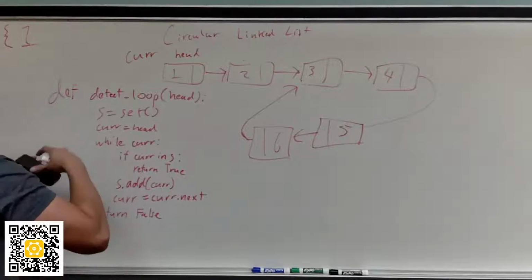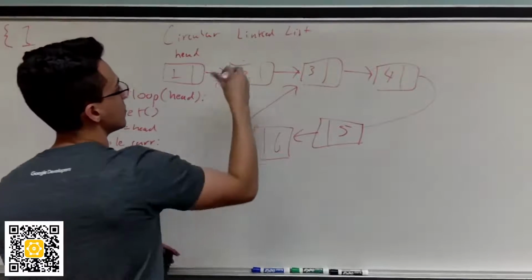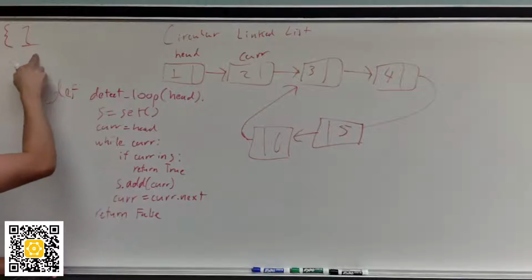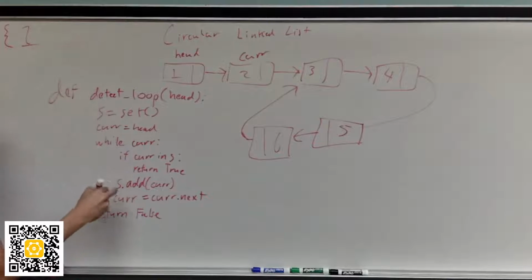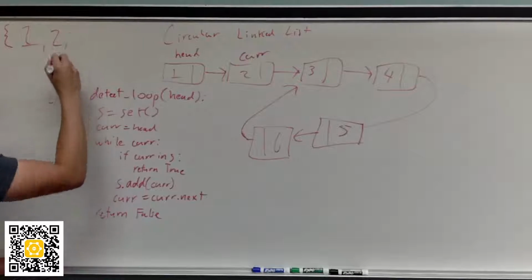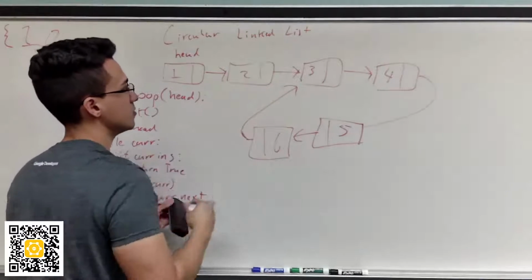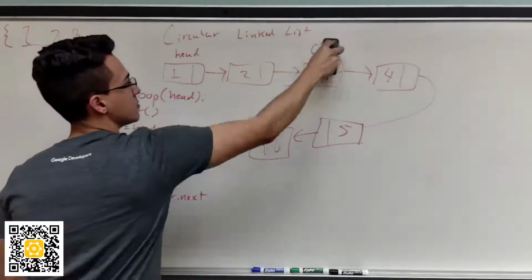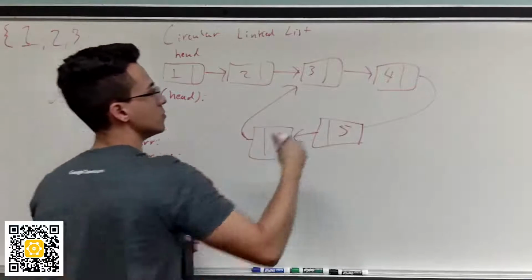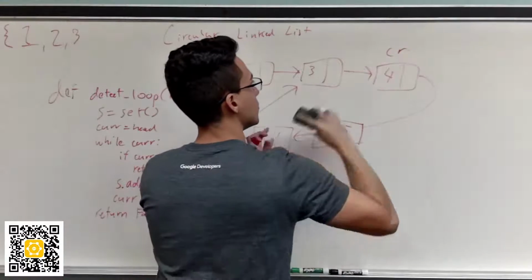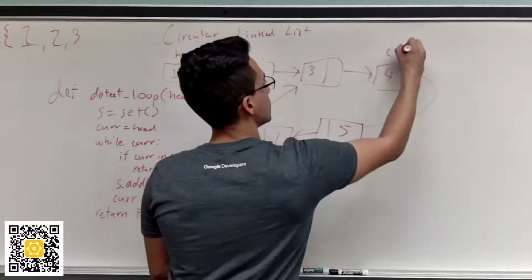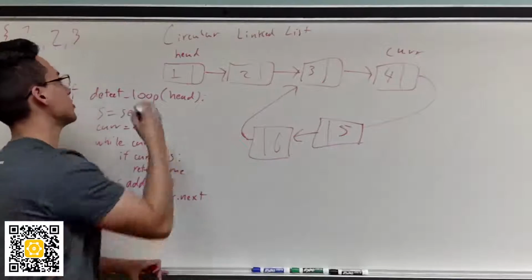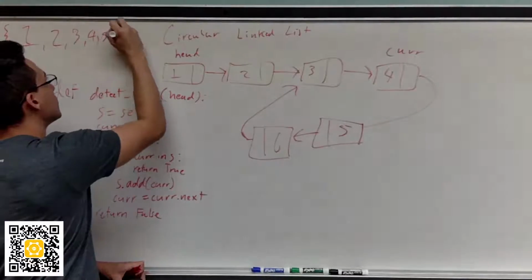So we add it, and then we move cur up. All right, we go again, cur and S. Well, there's no 2, so we add it, and then we move cur up. And so on. The ones that haven't been added yet, we're just going to keep adding, right?